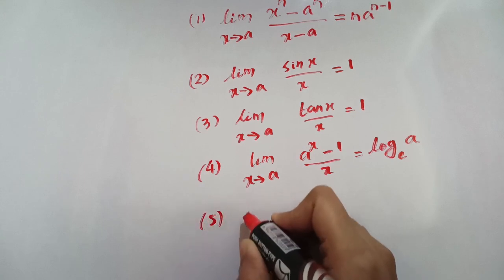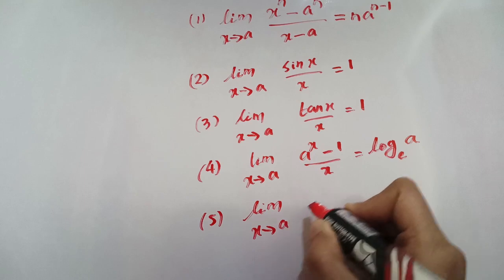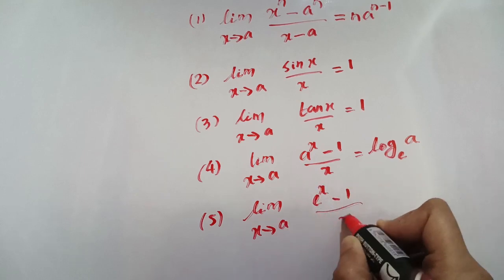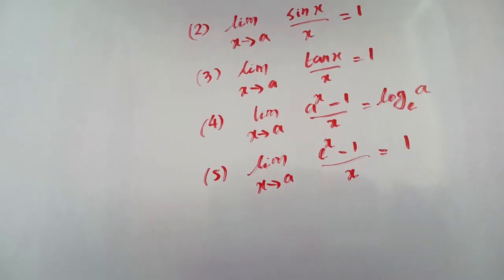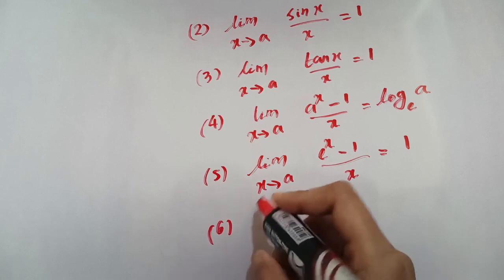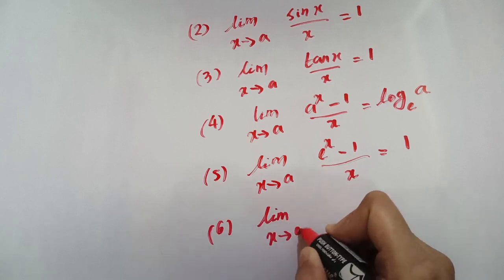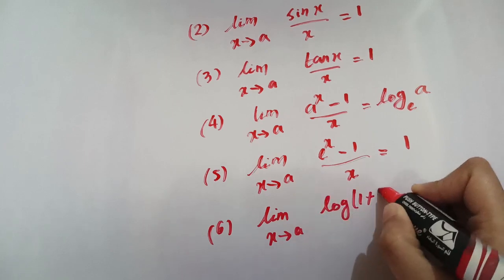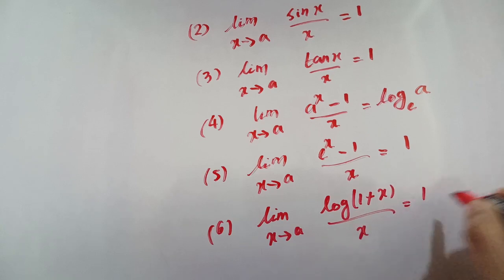Fifth one, limit x tends to 0, e raised to x minus 1 by x is equal to 1. Sixth one, limit x tends to 0, log of 1 plus x by x is equal to 1.